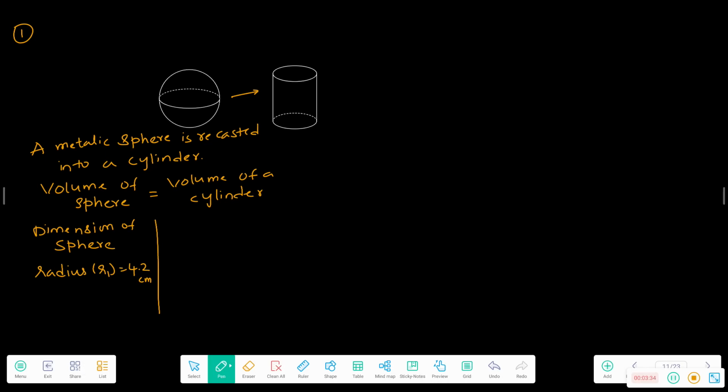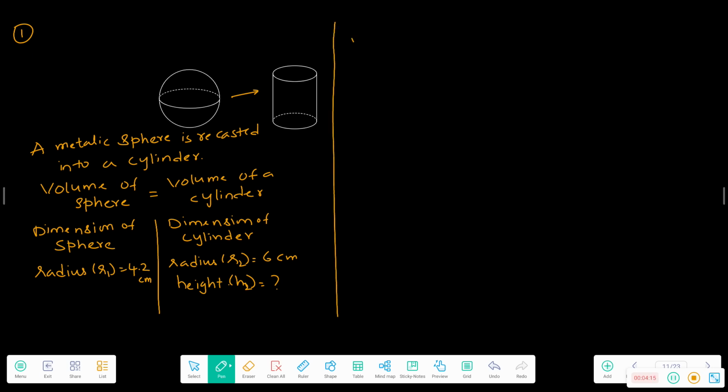Here they have given the radius of the cylinder, r2, as 6 centimeter, and we need to find the height, h2.